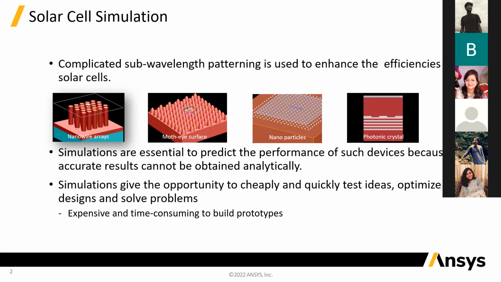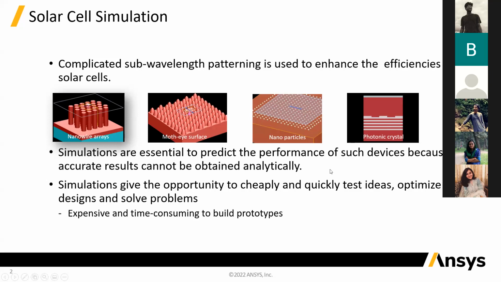Some common examples would be nanowire arrays on top of your solar cell, or multi-patterned surfaces on top. You can even put nanoparticles like gold or silver particles on top of your solar cell to absorb more light into the silicon layer. Or you can use photonic crystals to increase the absorption.